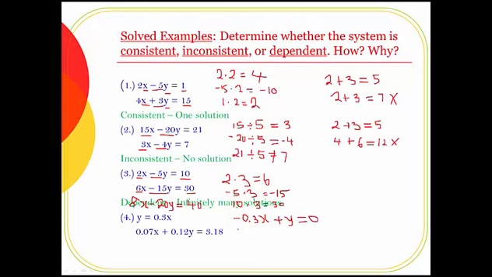And then this will still be 0.07x plus 0.12y equal to 3.18.